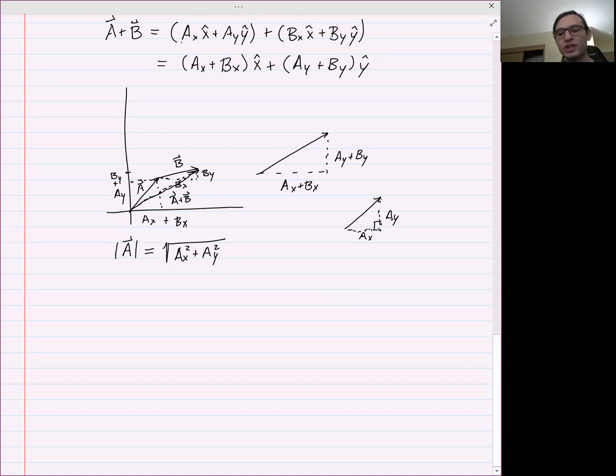So we've been using these unit vectors, this x hat and this y hat, as just things that you can move around, as abstract symbols. But it's useful to actually understand what the unit vectors mean. The unit vectors contain information only about direction.